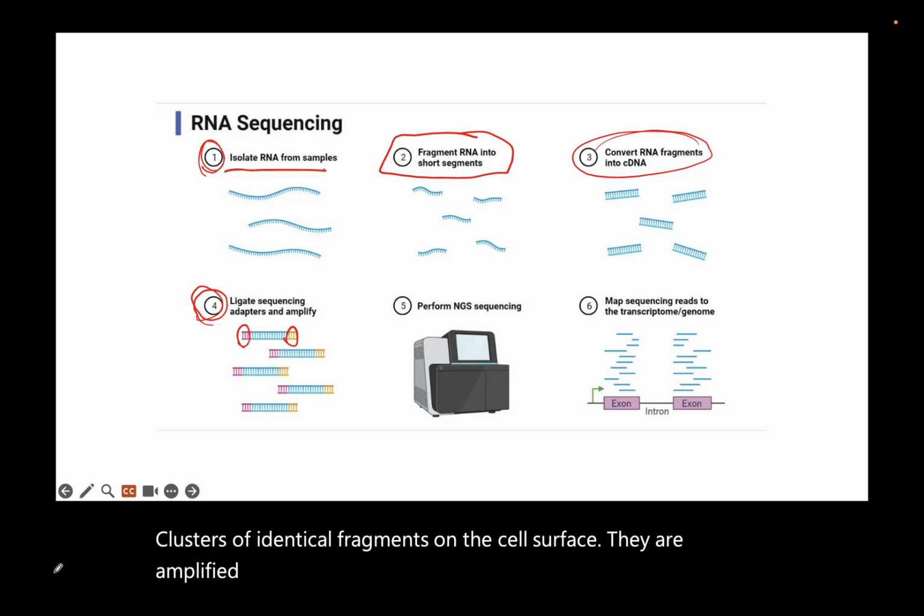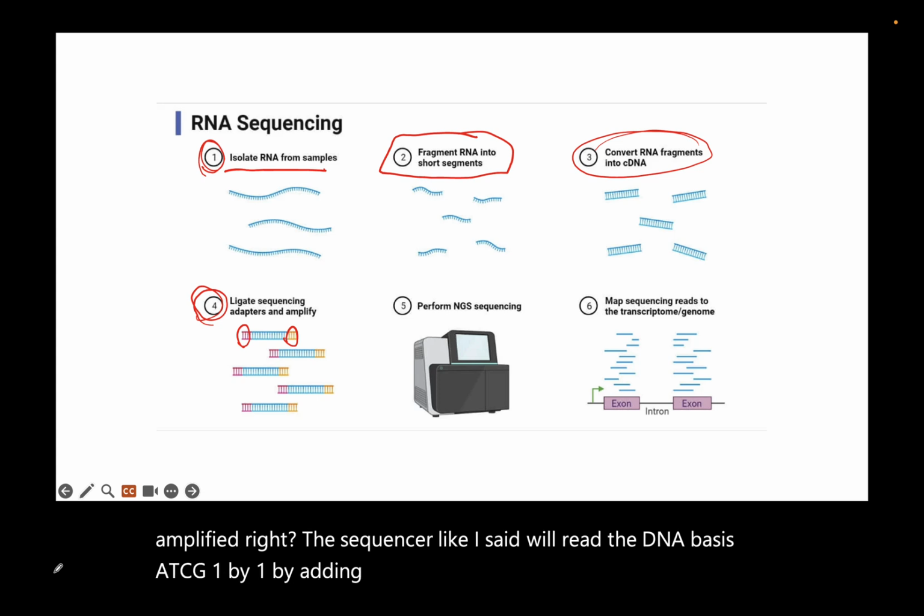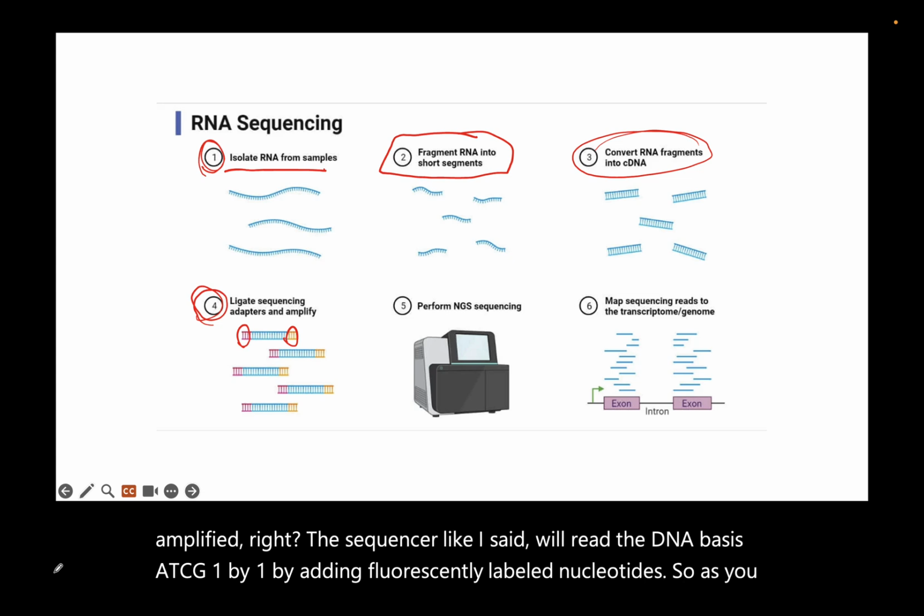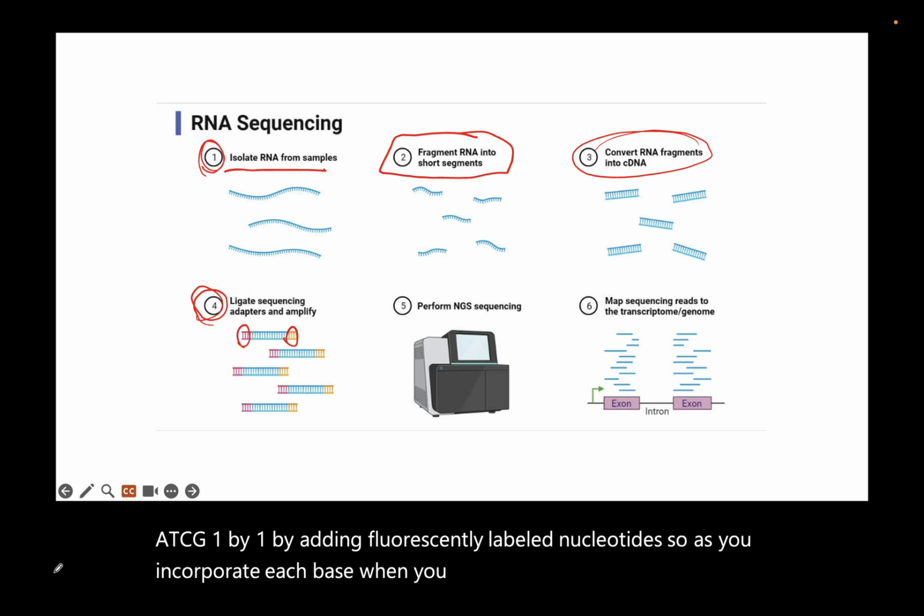The sequencer, like I said, will read the DNA bases A, T, C, G one by one by adding fluorescently labeled nucleotides. So as you incorporate each base when you are amplifying, each base is carrying a signal.